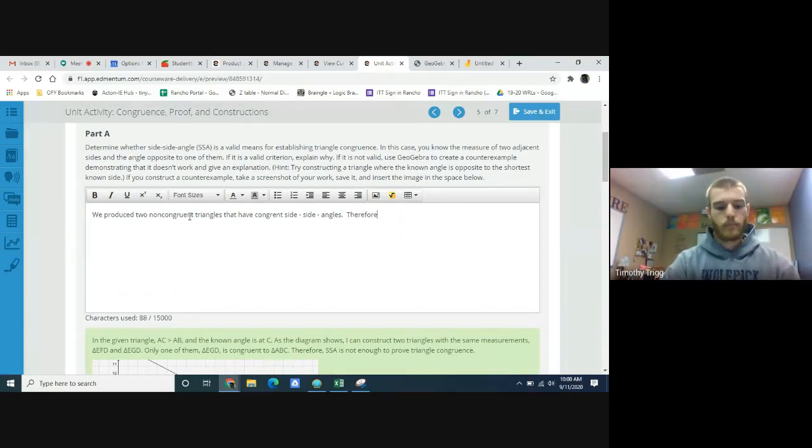Therefore, SSA is not a valid means for establishing triangle congruence.